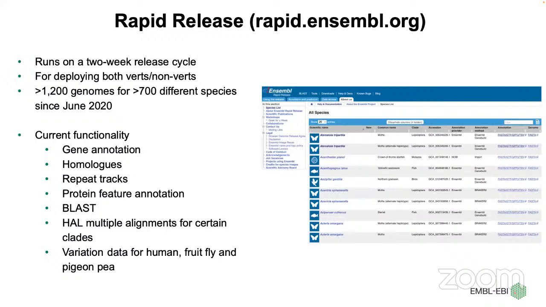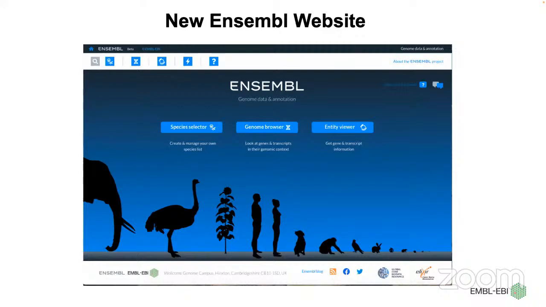And there is variation data for specific species like human, fruit fly, and pigeon pea. But having said that, we are slowly moving away from rapid release into an entirely new website for Ensembl that will include all the divisions, and it will have dynamic integration of all the data, full functionality. Basically, it will be one site to rule them all.